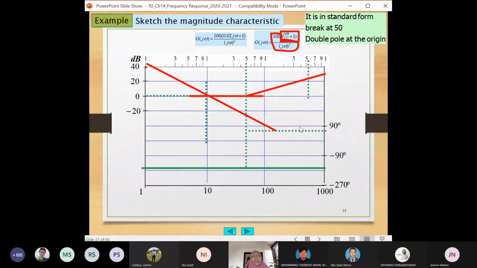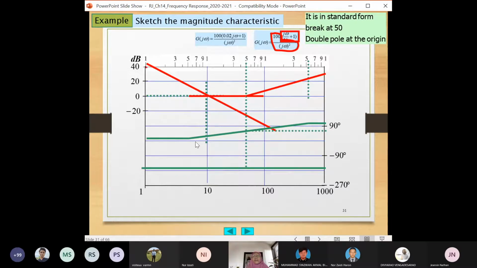And the phase angle for that part is a flat line, then it rises, and then flat at 90 degrees. You identify from 50: because 50 is the center, prior to 5 it is flat, and after 500 it is flat at 90 degrees.